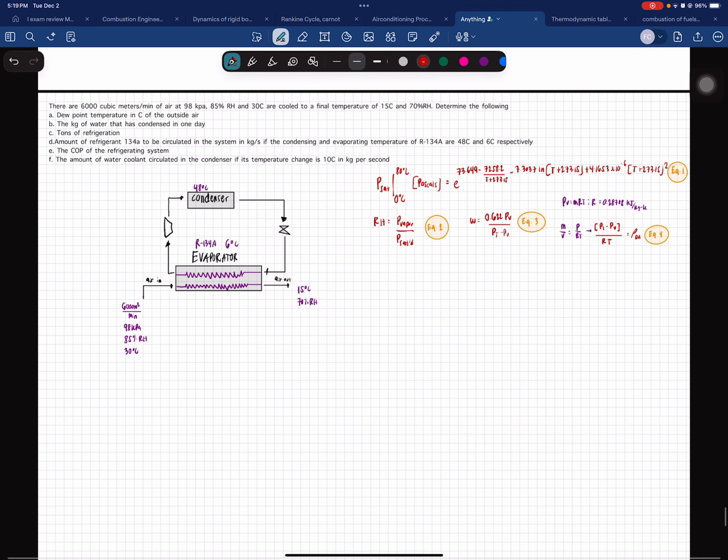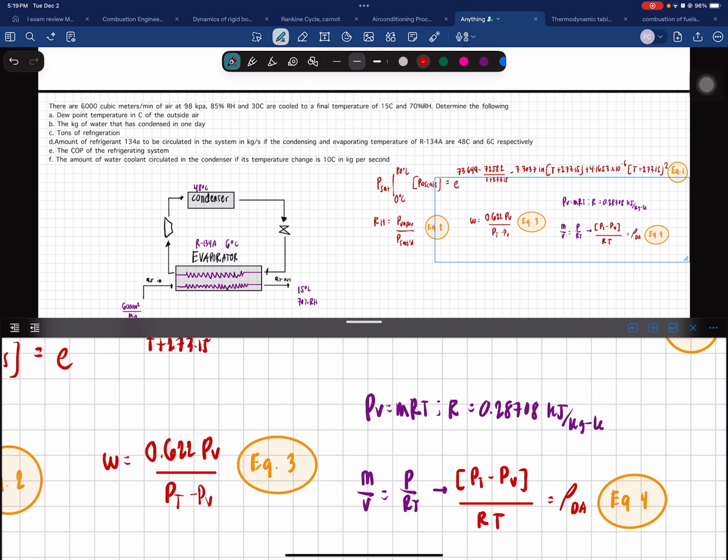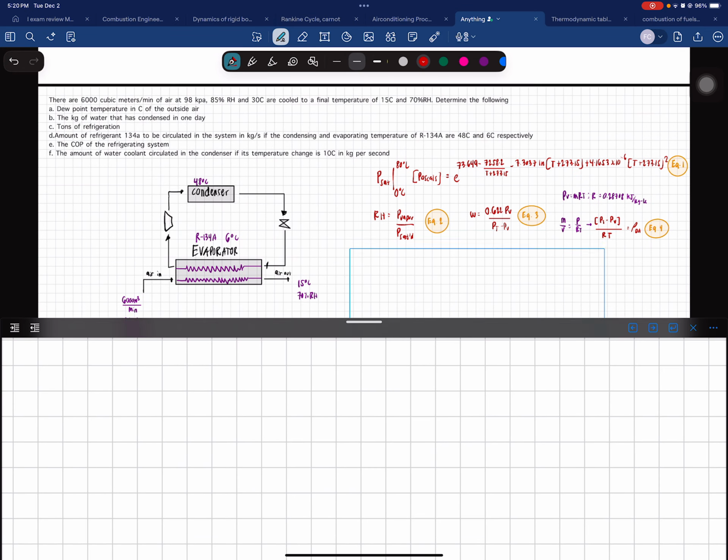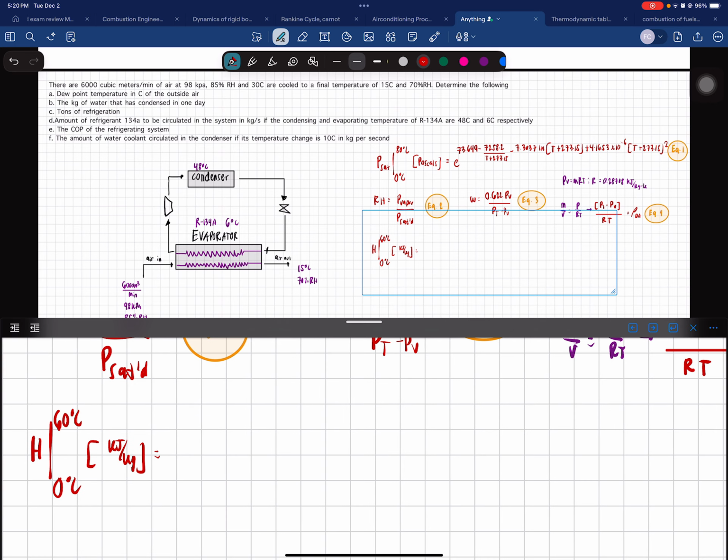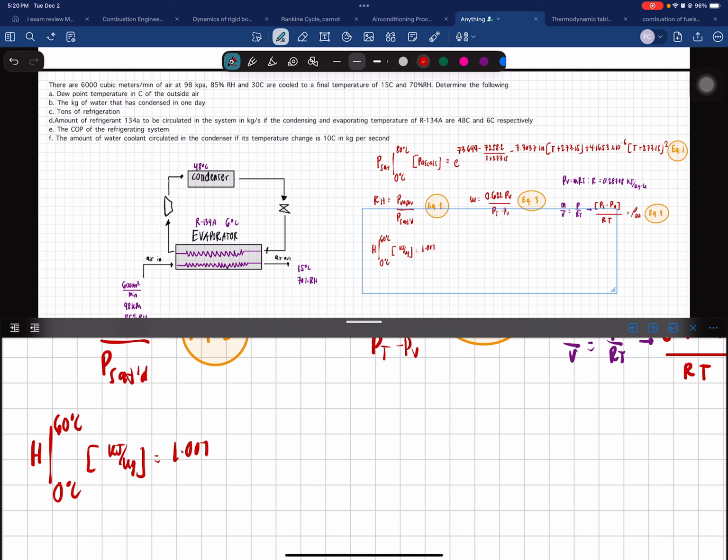Okay. So how about enthalpy? Again, we have enthalpy, which is H, limits of 0 to 60 degrees Celsius, in kilojoules per kilogram. It's 1.007 times the dry bulb temperature.